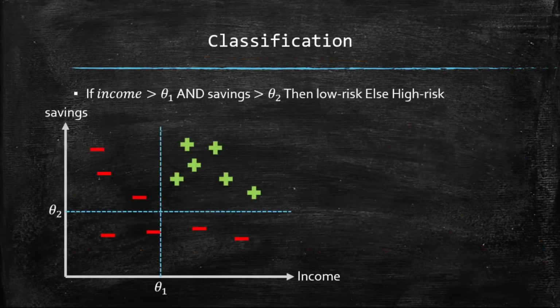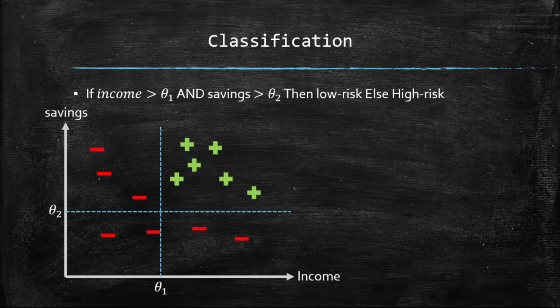Now, in order to simplify this problem, let's consider that for each customer we are interested in studying their income and their savings, which have a lot to do with a customer's capability to pay back the loan, right? Because they describe their financial status, basically.